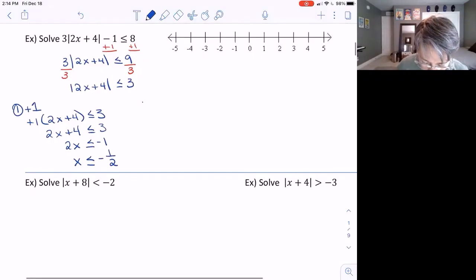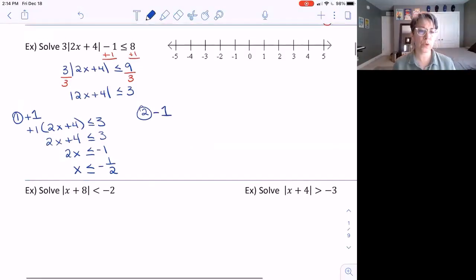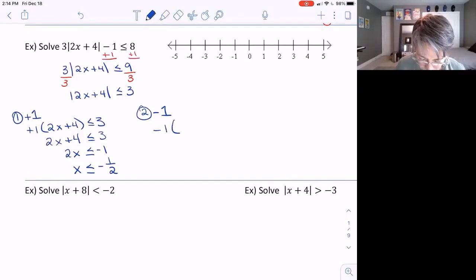Now we do the second version. Our second possibility is the inside is the negative version. So we're going to distribute a negative 1. Negative 1 times the quantity of 2x plus 4 less than or equal to 3. Distribute, and we get a negative 2x minus 4 less than or equal to 3.